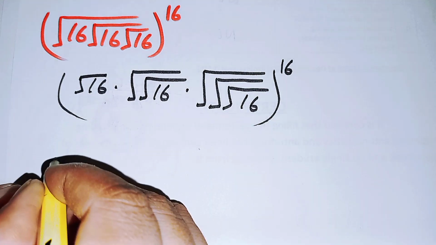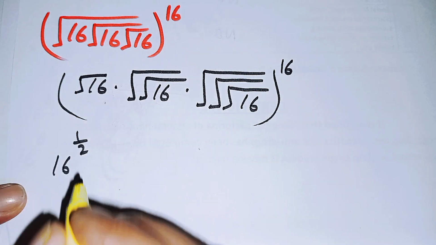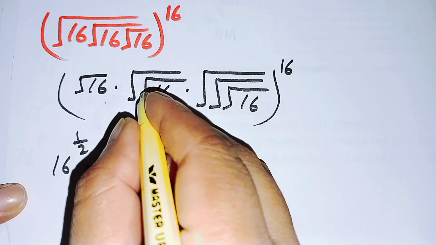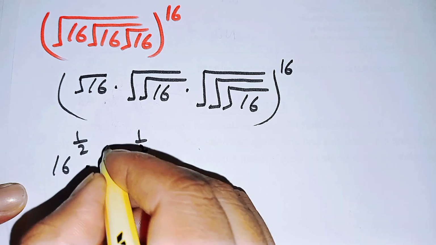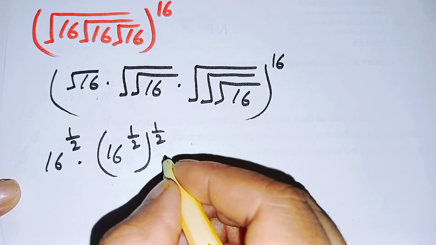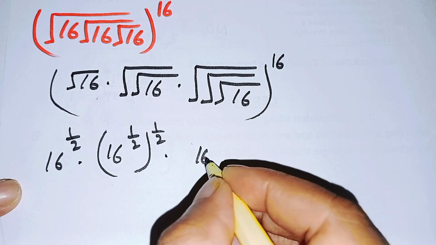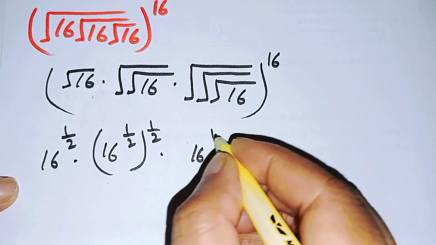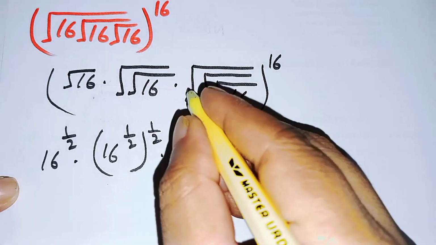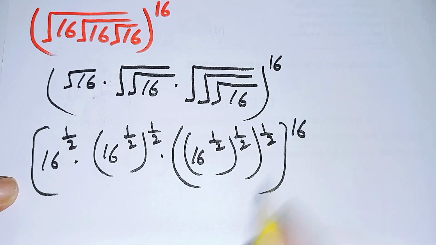And now here this 16 to the power of 1 over 2, and 1 over 2, it can be written as this square root, and then times 16 to the power of 1 over 2, this square root 1 over 2, and this square root 1 over 2, and then times this 16, and square root is 1 over 2, and this square root 1 over 2, and this square root 1 over 2, and the whole thing to the power of this 16.